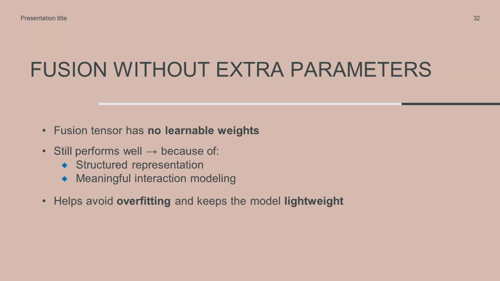And yet, TFN still performs well thanks to its structured representation of modality combinations, and its ability to model cross-modal interactions explicitly. This design has two major advantages. First of all, it helps avoid overfitting, and it keeps the model lightweight.